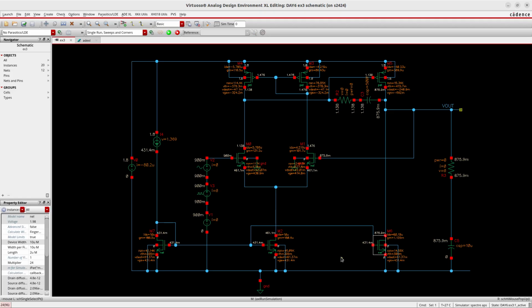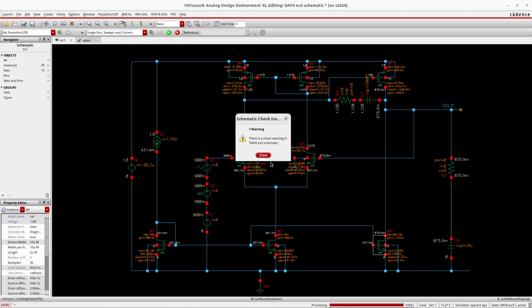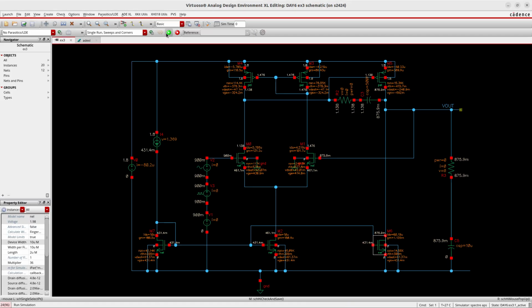So let's take around 30% margin. So we can put this one at 36. So instead of 60, we are going to go to 90.